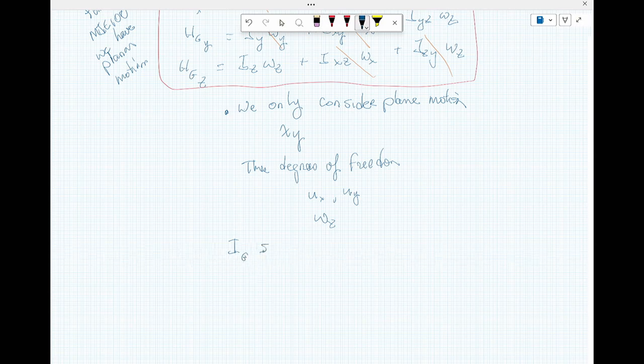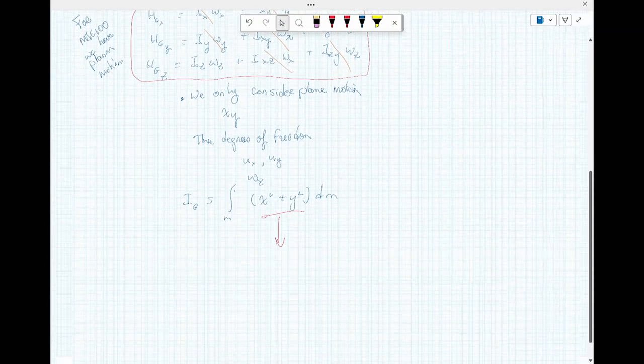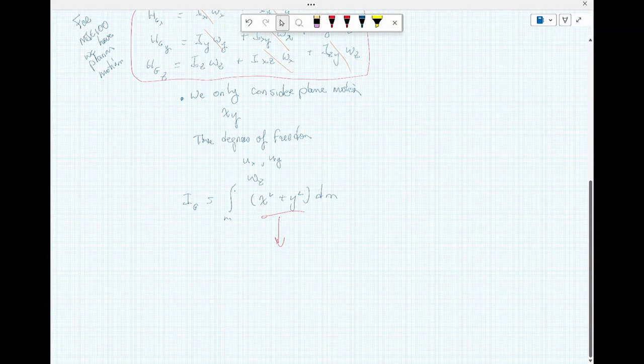I about the g-axis is the integral of the mass x squared plus y squared dm. And if you go a little bit further and recognize that that x squared and y squared, as we have done a number of times, is just r squared, you end up with your moment of inertia equation, which is good for this course.